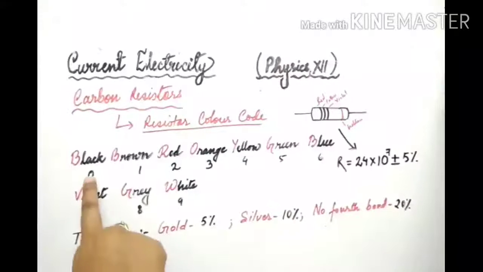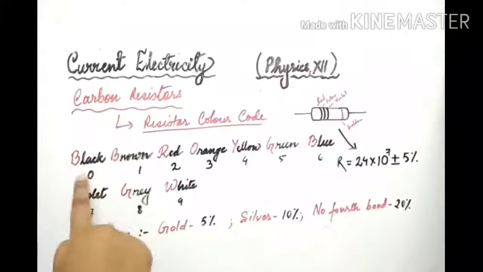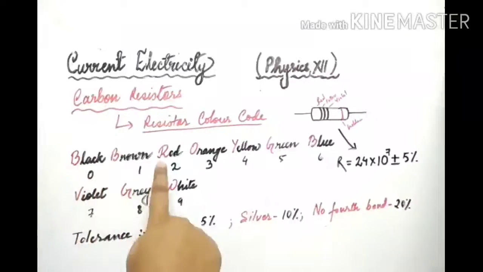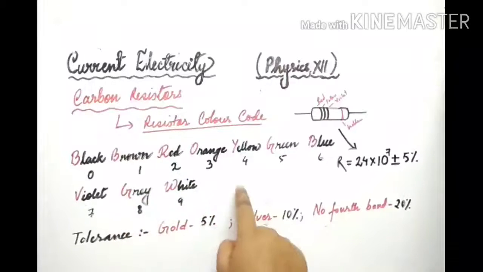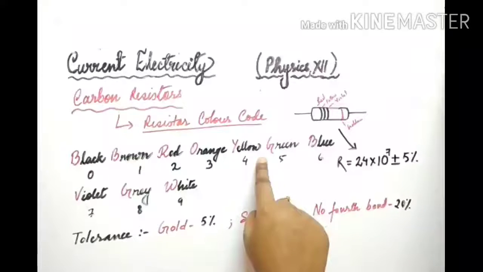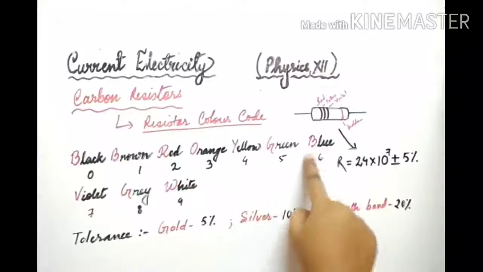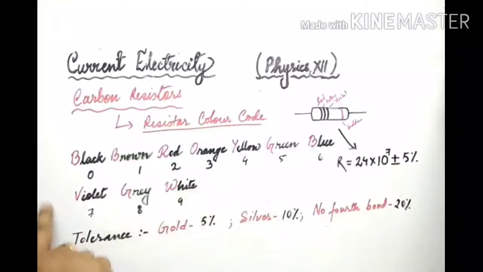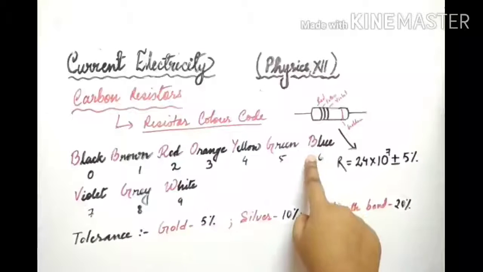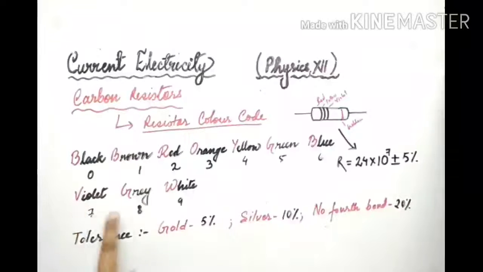Notice the first letters: B B R O Y, so BB Roy, of, where you add one word, of, which is not counted; G for Great, B for Britain, again you put one hat, then V for Very, G for Good, W for Wife. So BB Roy of Great Britain had a Very Good Wife. You can remember it with the help of this mnemonic.